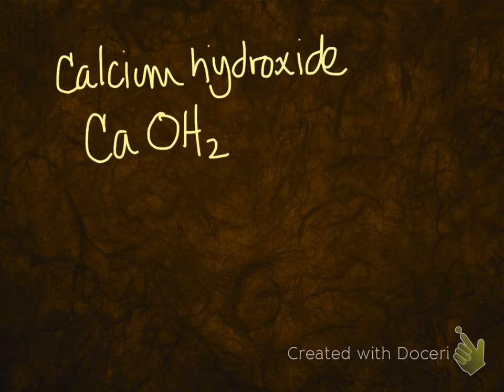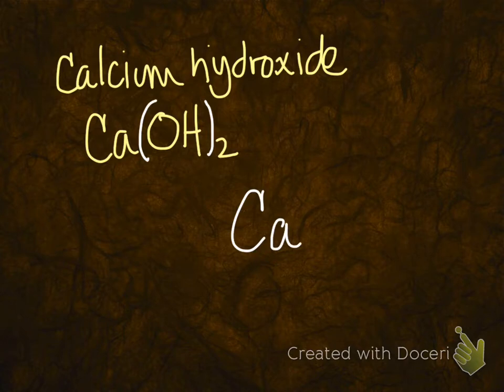So let me give you the big things that you can screw up. Here's the first on your hit parade of mistakes. What is that? CaOH2. Calcium hydroxide. What's wrong with it? Have you figured it out yet? When you're missing the parentheses around the hydroxide ion, what you're in fact saying is that you have 1 calcium, 1 oxygen, and 2 hydrogens.